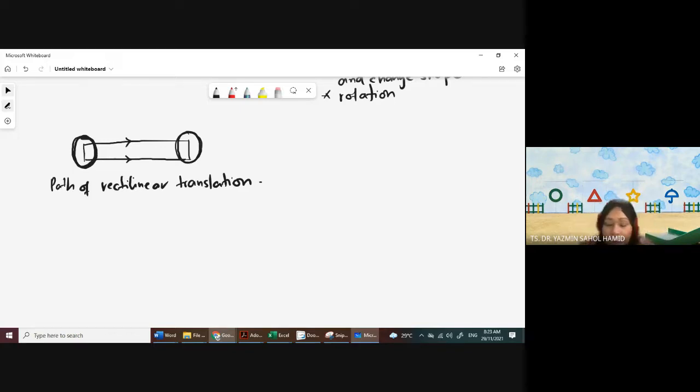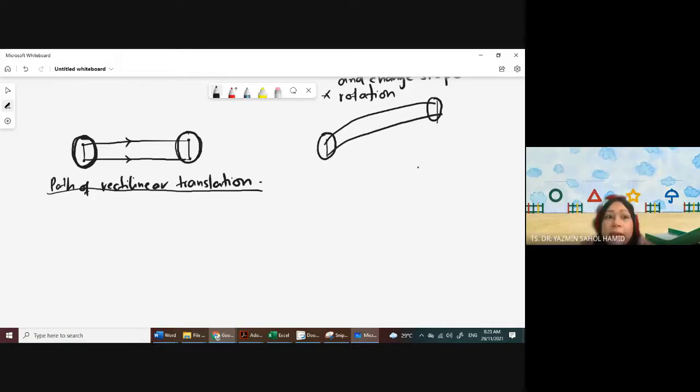This is what you call translation, when the path of the motion of any two points of the body, for example this point and this point, moves parallel to the other position. This is what you call rectilinear translation. However, if you have another particle that moves to another position in a curve, what do you call it?